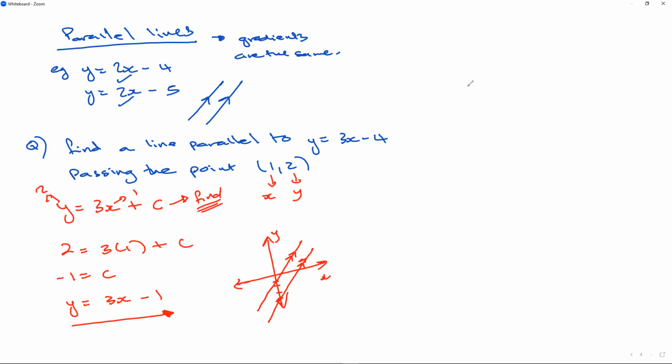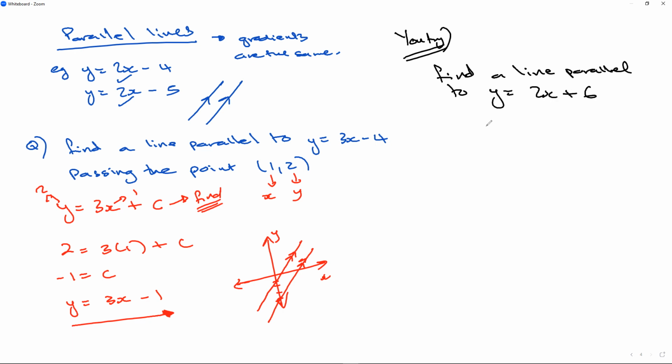Okay, you try this one now. So I want to find a line which is parallel to y equals 2x plus 6, passing the point, let's go negative 1 and 4. All right, press pause, give it a go.